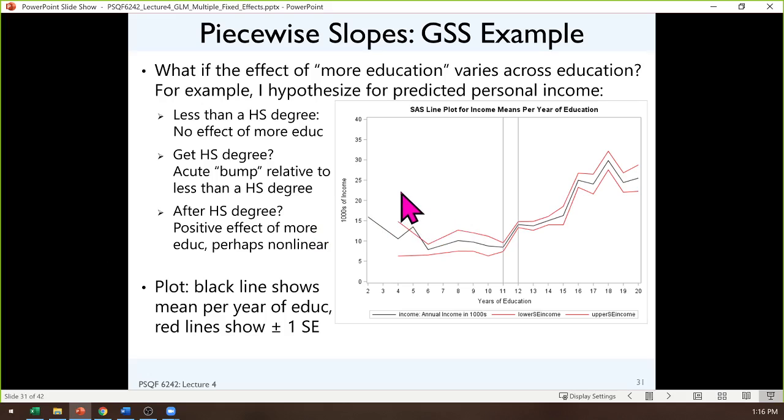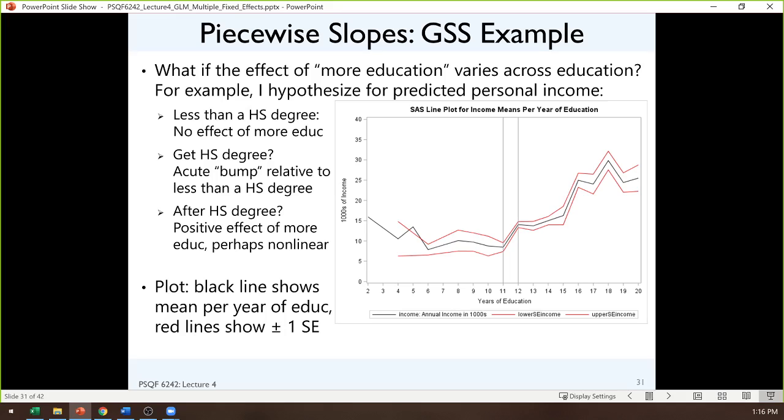I made this picture in SAS. The code that I used to do so is online in case you wanted to play with it. What the black line here is showing is the mean income level for each unique value of years of education in the data set. The way that education is measured is in integers, years of education, where we can guess, based on the fact that this is a US sample, that 12 years of education would correspond to a high school degree.